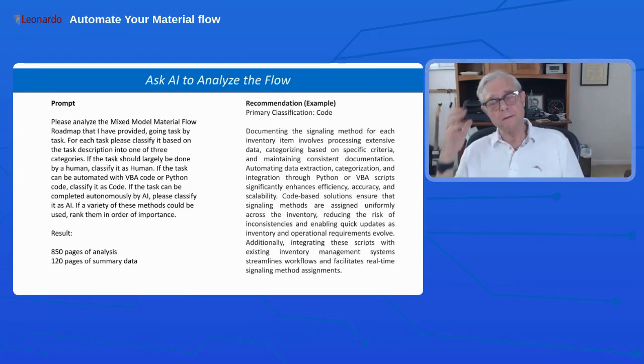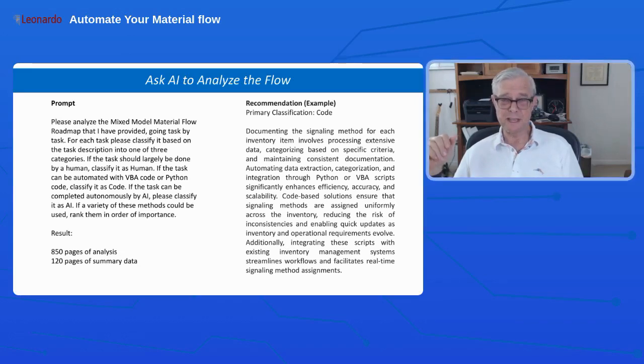So what I did was I took our roadmap and I asked ChatGPT to look at each individual step, and give me basically an assessment of what are the opportunities for automation. So what I wanted to know is, for this particular step, out of the 120 steps, is this something that a human being really should do? Is this a person type of task?